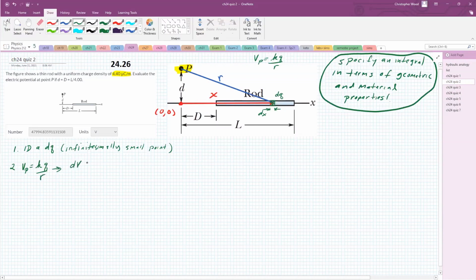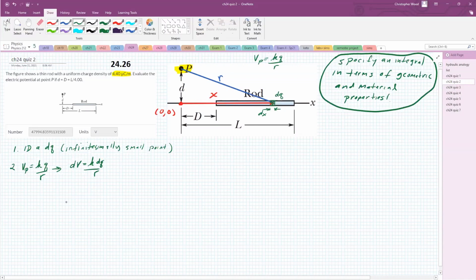So I'm going to call this dV equals K dQ over R, because I'm dealing with a super teeny tiny microscopic point, which basically makes just a differential contribution. I'll integrate. Once I get this set up sufficiently, then I'll glue all of these points together. And what is the mechanism to glue all of these points together to see their cumulative macroscopic effect? The answer is the integral.